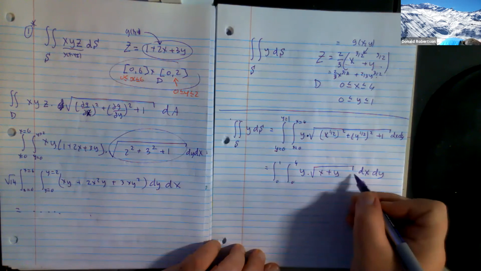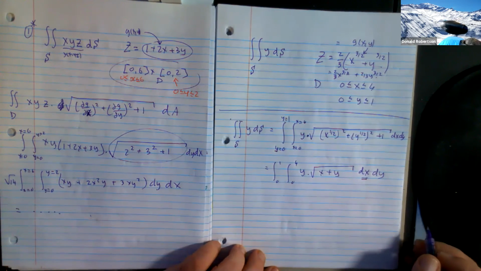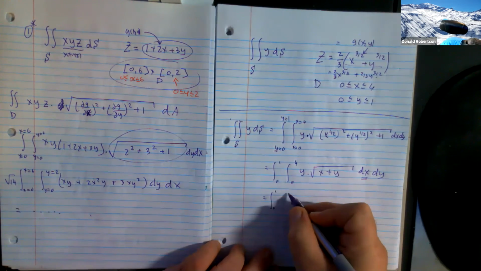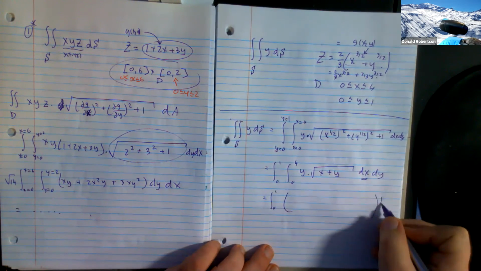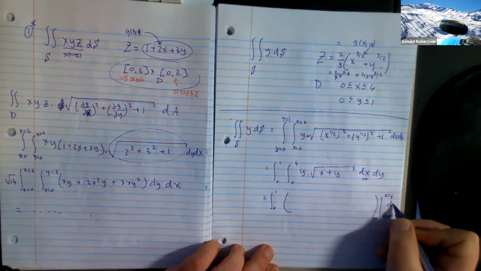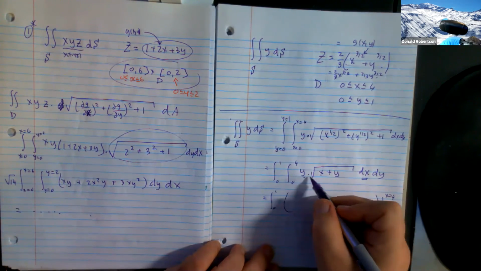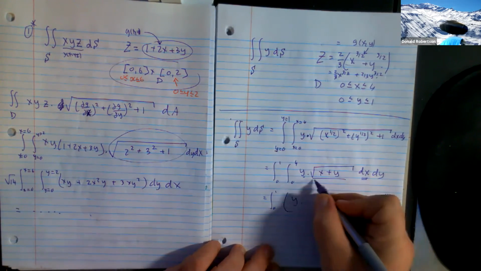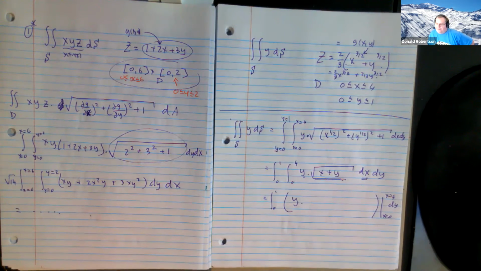I need to get this fella with respect to x. That guy is really a constant, so I don't care what he is, he's just y. I've got to figure out how to deal with the square root of x plus y, what its integral is in terms of x.